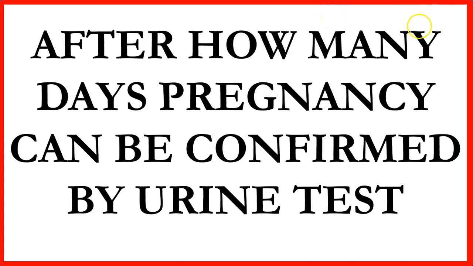After how many days can pregnancy be confirmed by a urine test? We shall begin by defining what a pregnancy test is. This is a test done specifically to look for the hormone that is produced when a woman gets pregnant, or when conception takes place.